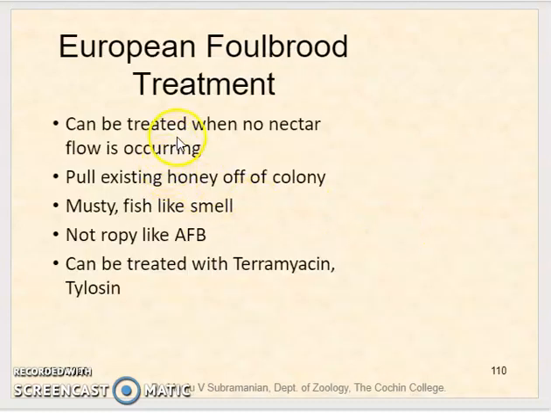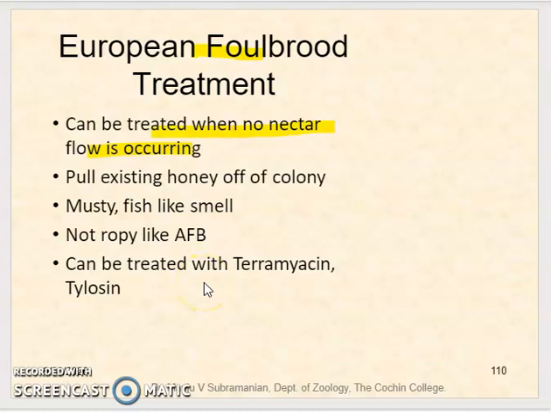It can be treated when there is no nectar flow occurring and after removing the honey from the colony. There is a musty and fishy smell similar to that of American foulbrood. The word foul itself comes from the foul smell that arises after infection by this brood disease.